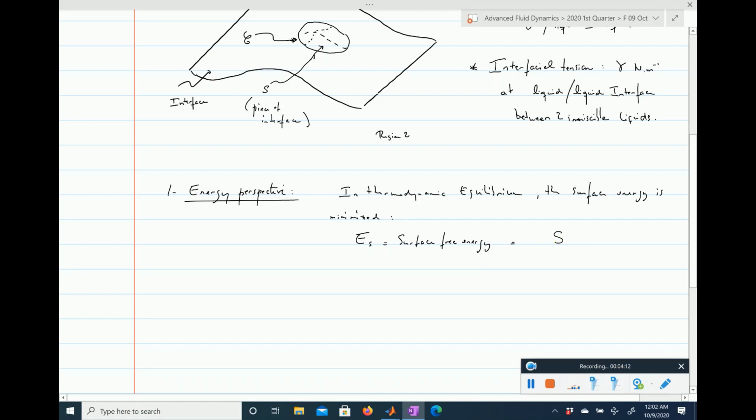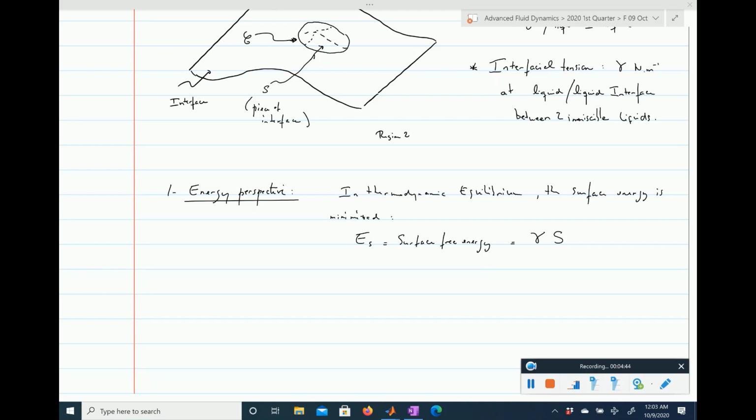The larger a surface, the larger the surface free energy, and so the energy is minimized when your body takes on the shape of the minimal surface, right? So that's what comes out from thermodynamics. And so the surface tension is simply this coefficient of proportionality, the constant that relates your surface free energy to your surface area.